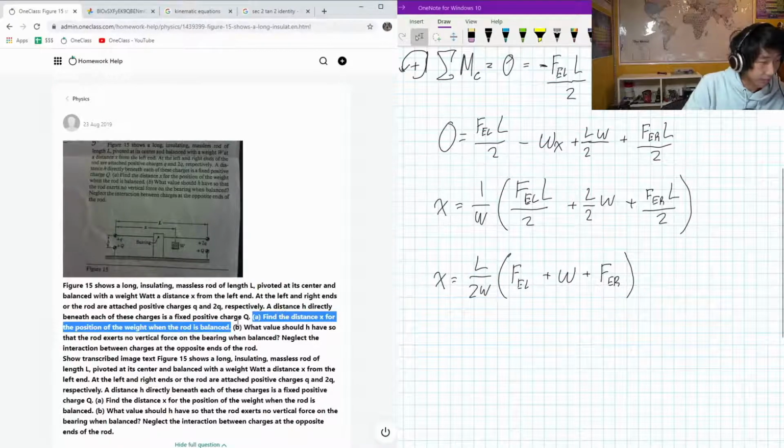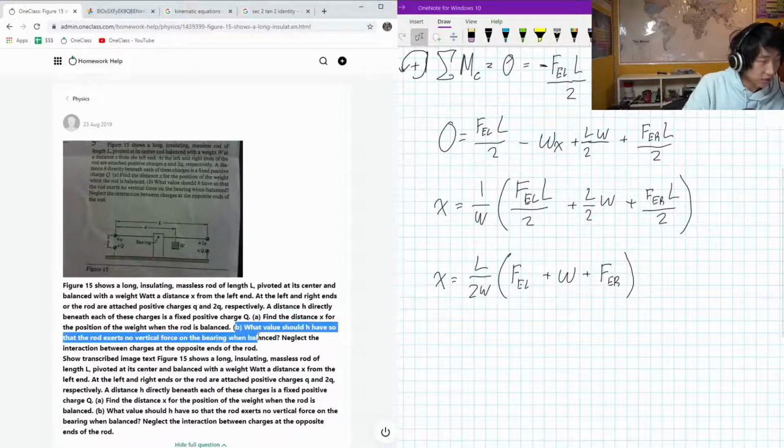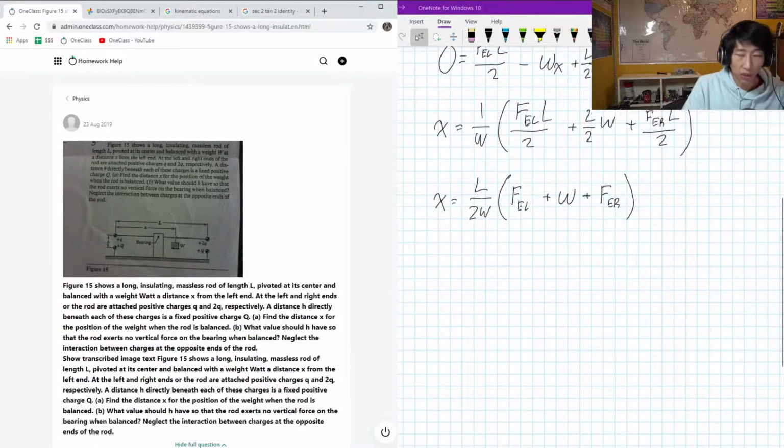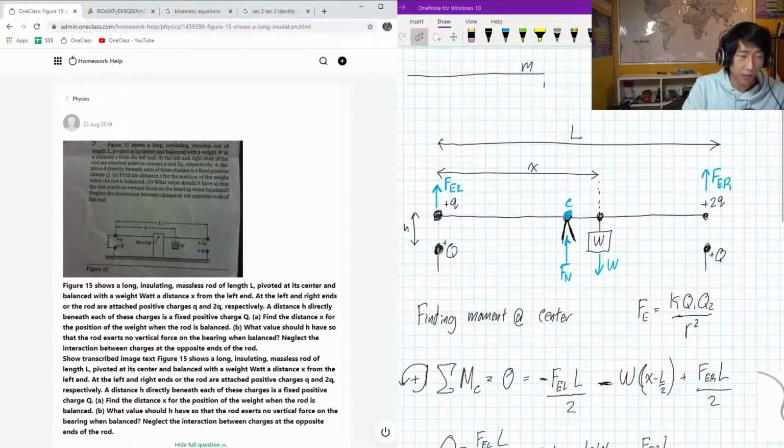Part B is asking us, what value should H have so that the rod exerts no vertical force on the bearing when balanced. Essentially what that means is that the repulsive forces from both of the charges here are going to have an electric force that is pushing them up.